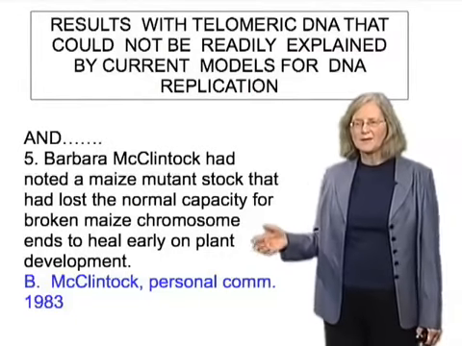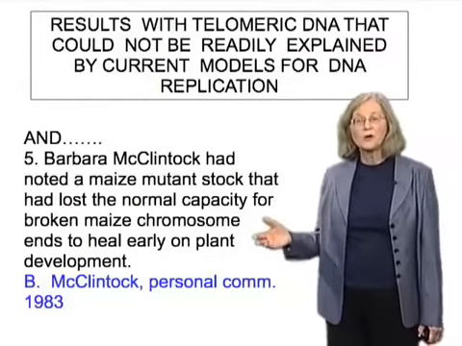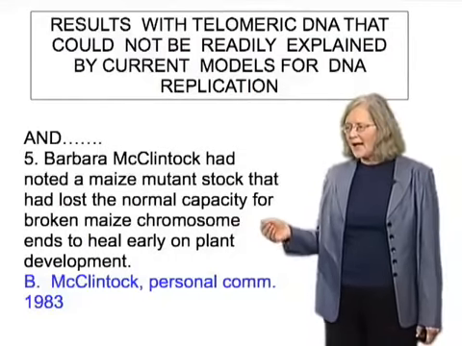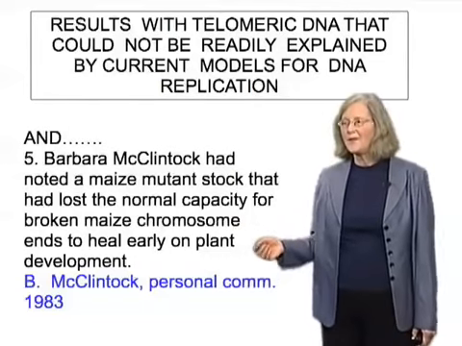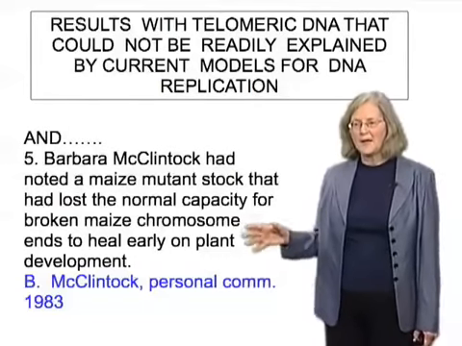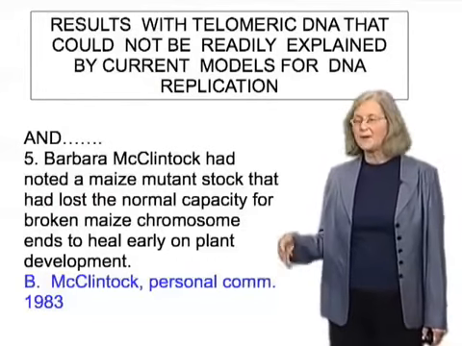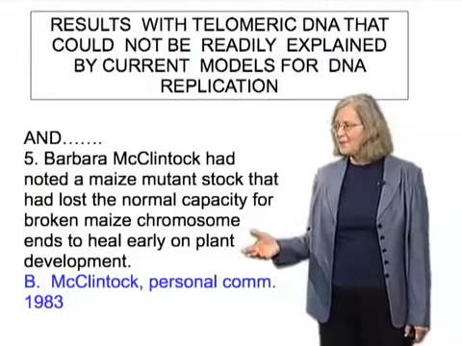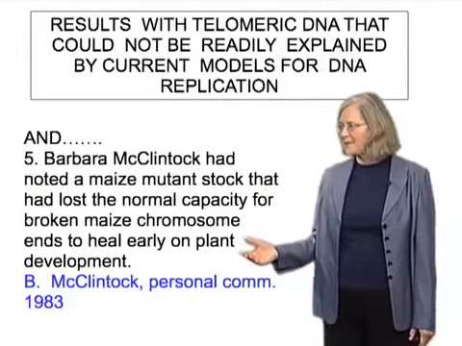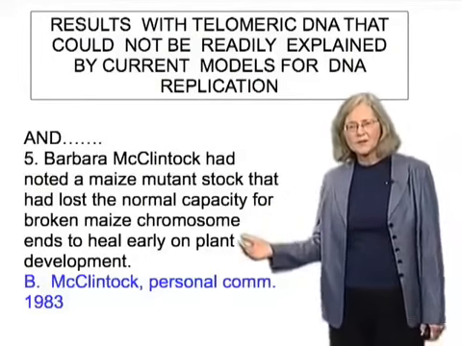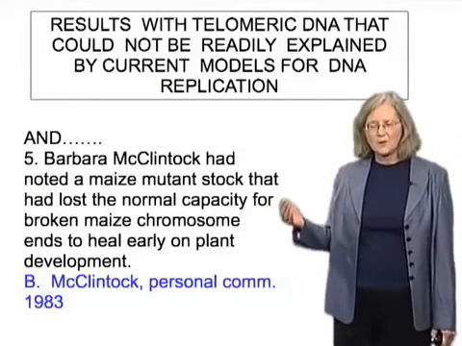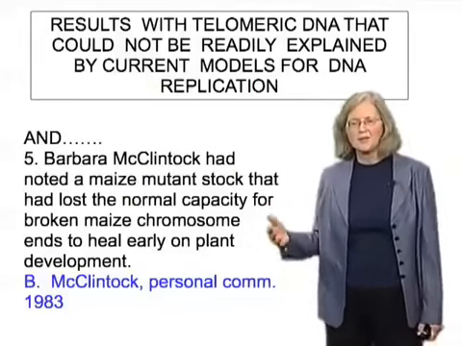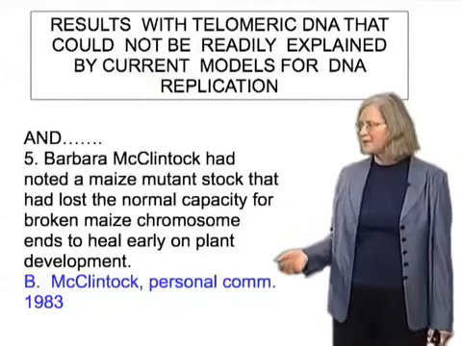In such wild-type maize, if a chromosome is broken by, for example, X-irradiation or some mechanical rupture, at a particular stage in development, then that broken end can be, as she described it, healed. It becomes a normal, stable telomere. Nobody knew the molecular basis of that. And she found a mutant that had lost that capacity. And when you see a mutant where something is changed, you have a feeling that that's reflective of a cellular process that can take place, and is not just by chance that this healing event was taking place.